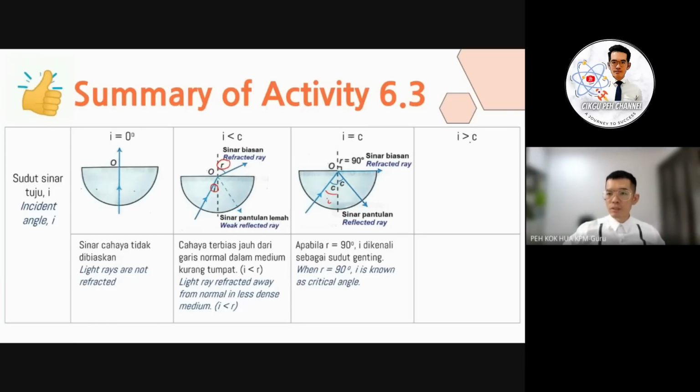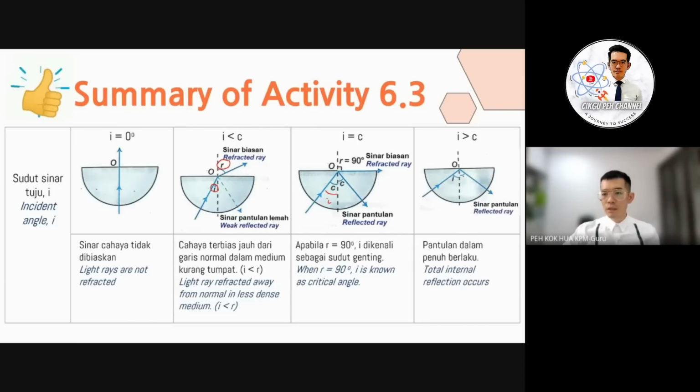The last important observation is when I is greater than C: total internal reflection will occur. So this is what you have already learned in Activity 6.3. Later on, I will show you the simulation for these 4 observations in the question I designed.